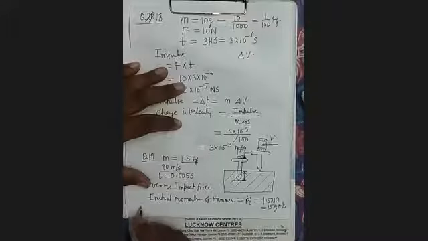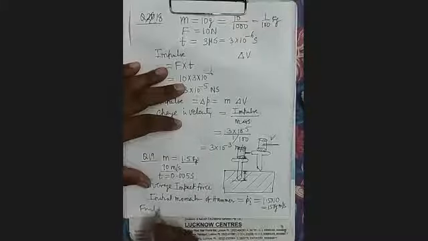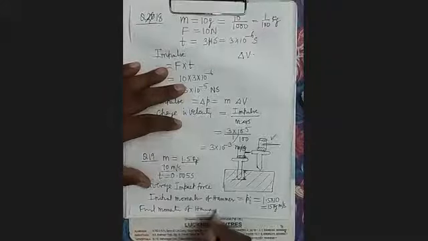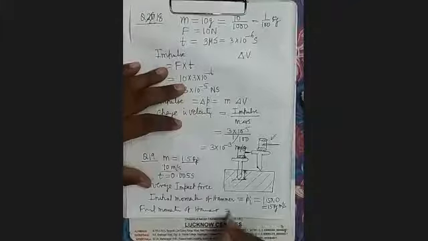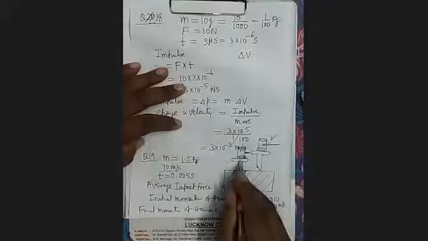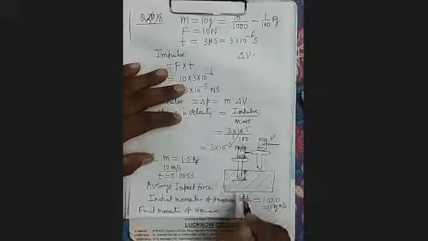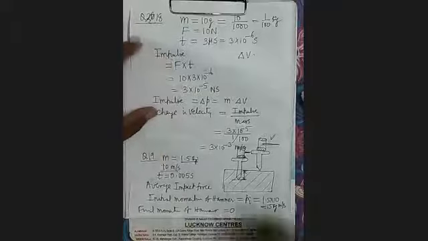What is the final momentum of the hammer? Final momentum will be 0, as the nail is not embedding further in the wooden block. So what is the change in momentum?